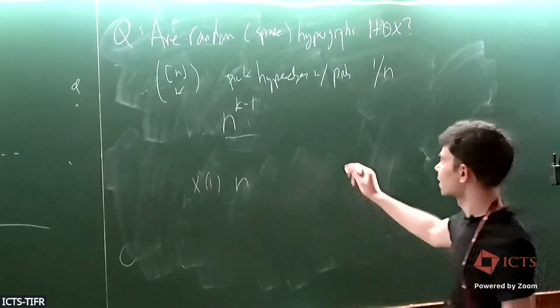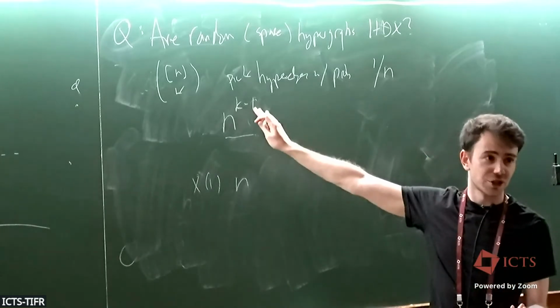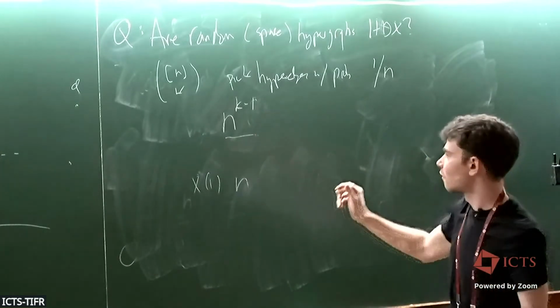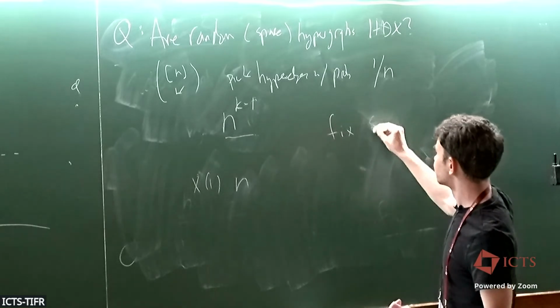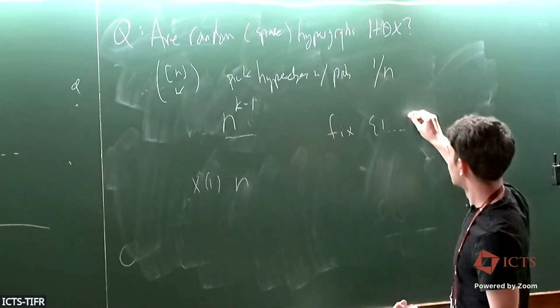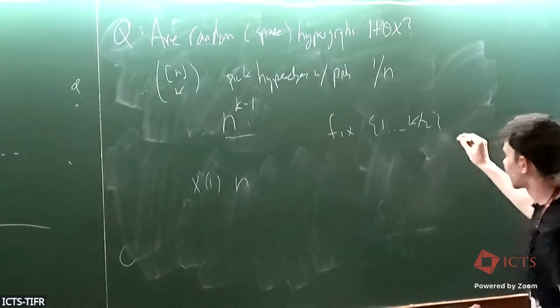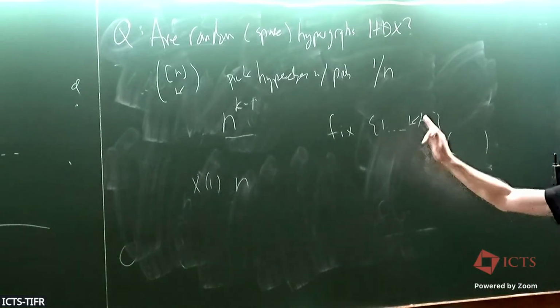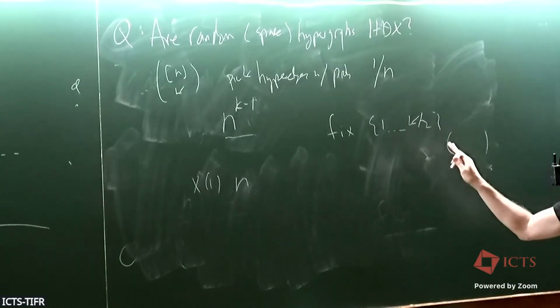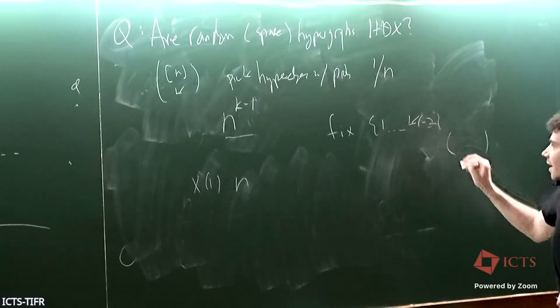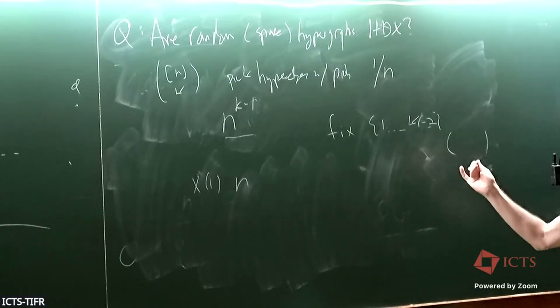If I look at a codimension 2 link of this object, fix some 1 through k minus 2, and look at all of the random hyperedges that contain 1 through k minus 2. This is the graph. We need this to be an expander.